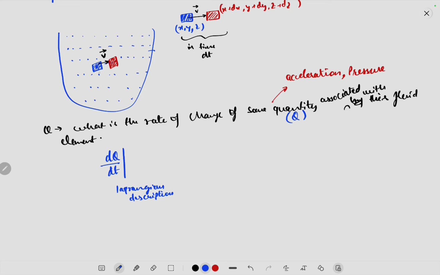Then the rate of change of quantity felt by this point should be equal to the rate of change of quantity that we are describing in the Lagrangian description. So this should be equal to dq by dt in the Eulerian description.